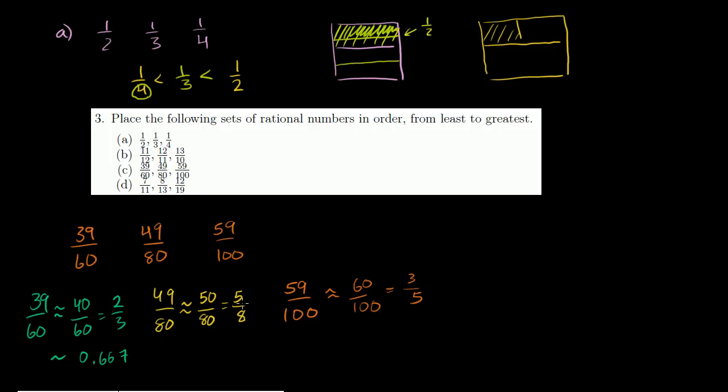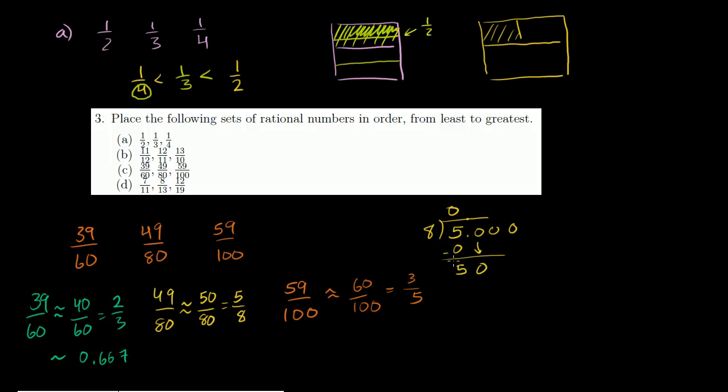This right here, 5/8. The way I always think of eighths is 1/8 is 0.125. So 5/8, let me just do the work. 8 goes into 5 0 times. 0 times 8 is 0. 5 minus 0 is 5.